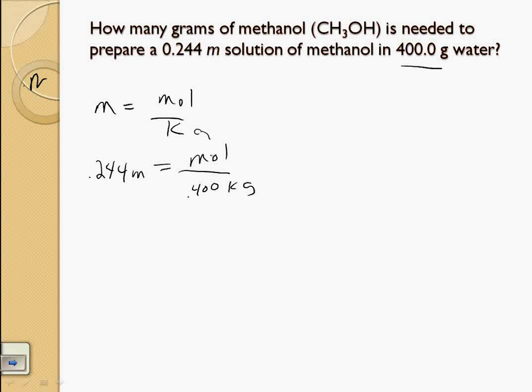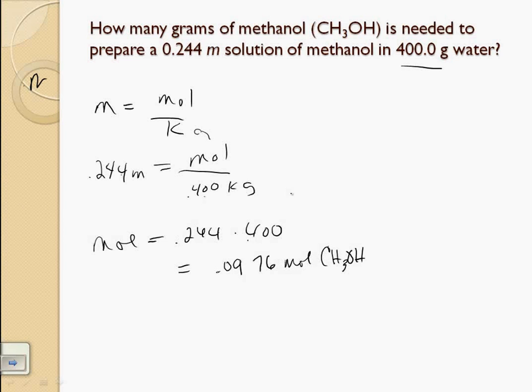Okay, so I can get moles by multiplying my molality times my kilograms. So moles is going to be 0.244 times 0.400, which will give me 0.0976 moles of CH3OH.